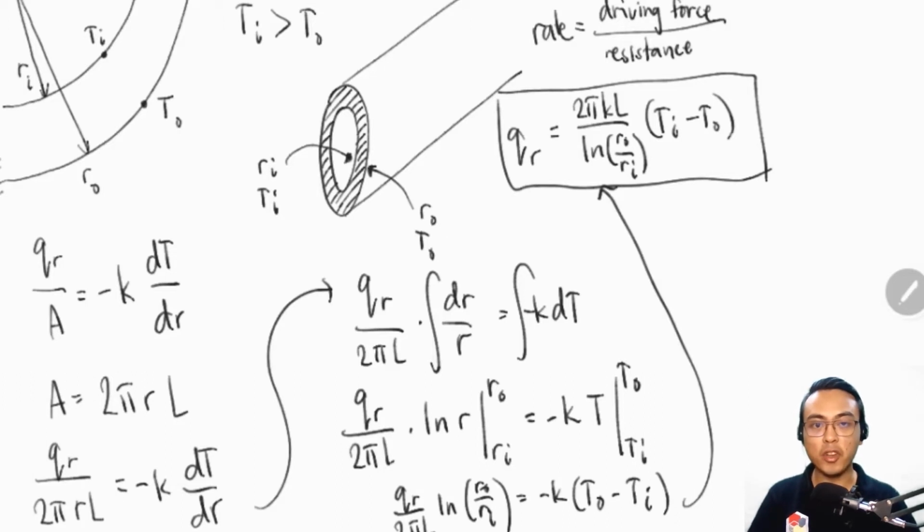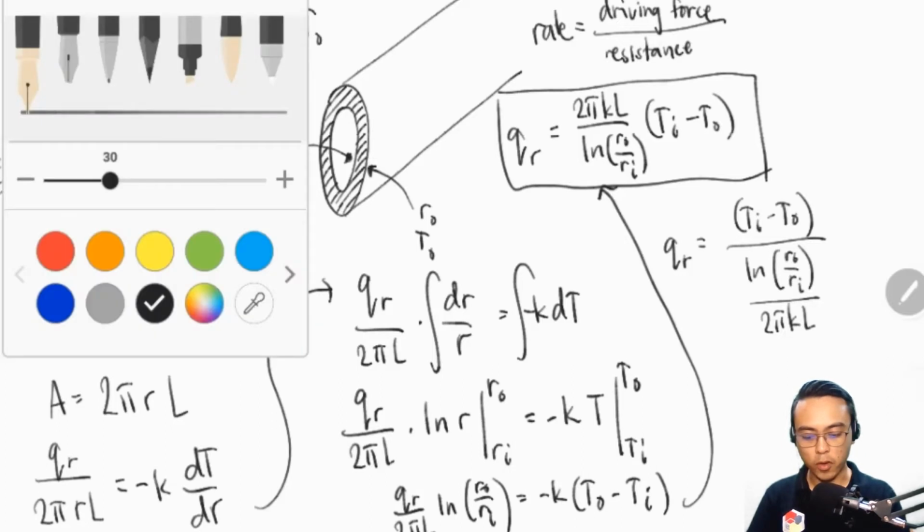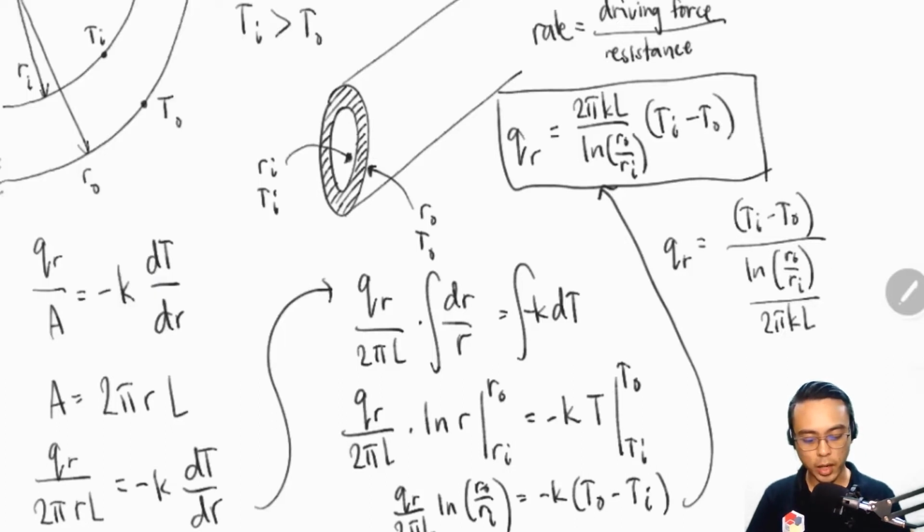That means that everything else remaining is our term for the resistance. So we write Q sub r is equal to the driving force T sub i minus T sub o all over ln of r sub o over r sub i over 2 pi k L. We now say that our resistance term is ln of r sub o over r sub i over 2 pi k L.